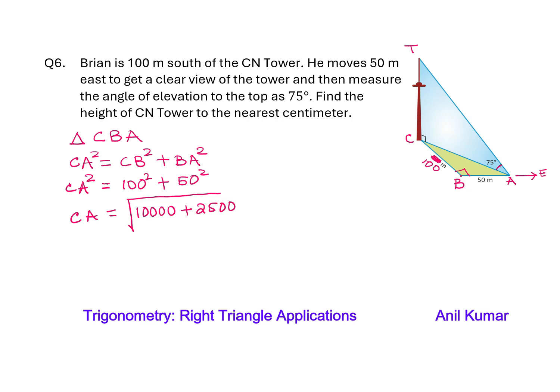Let's use the calculator to find this value. So we have 100 times 100 plus 2500. The value is 12500, and the square root of this, in decimals, we get CA as equal to 111.8.